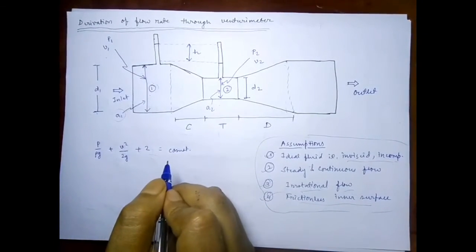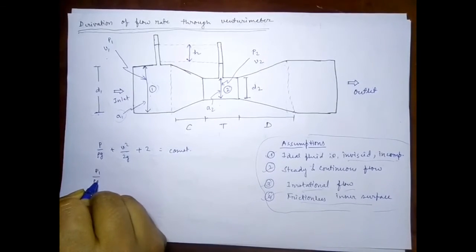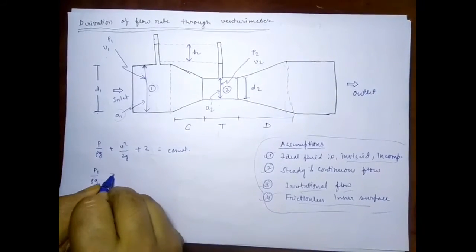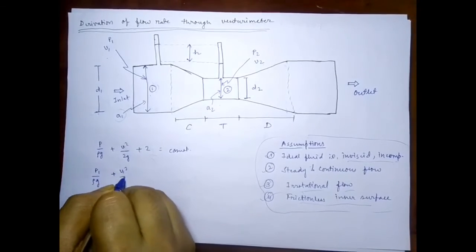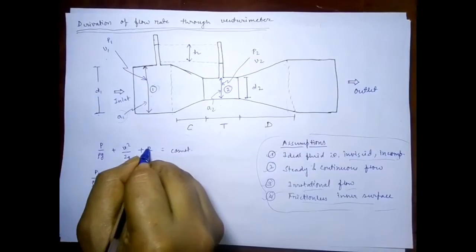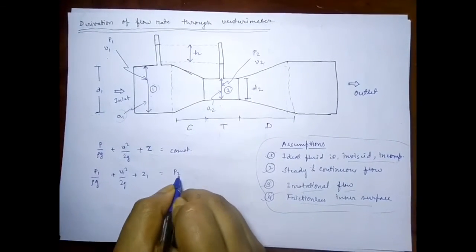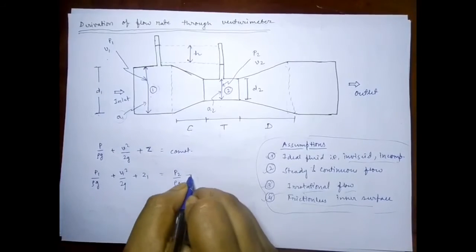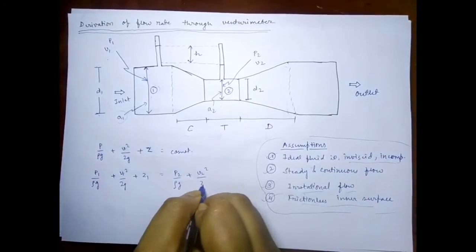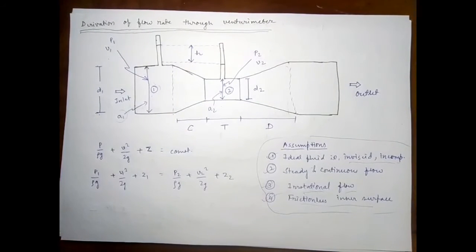So therefore I can say that P1 upon rho g plus V1 square upon 2g plus Z1 is equal to P2 upon rho g plus V2 square upon 2g plus Z2.